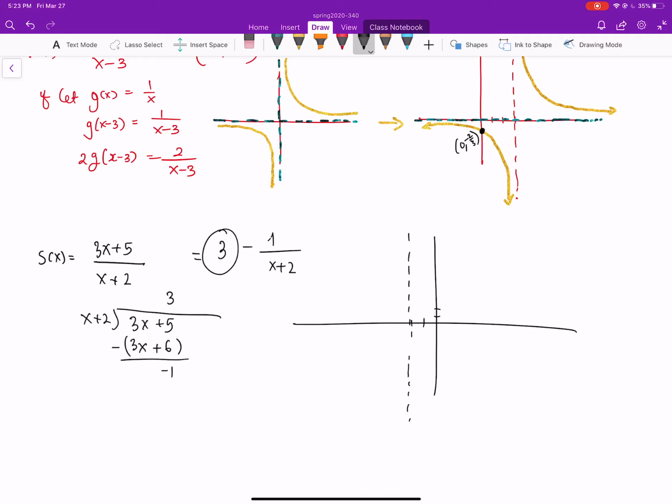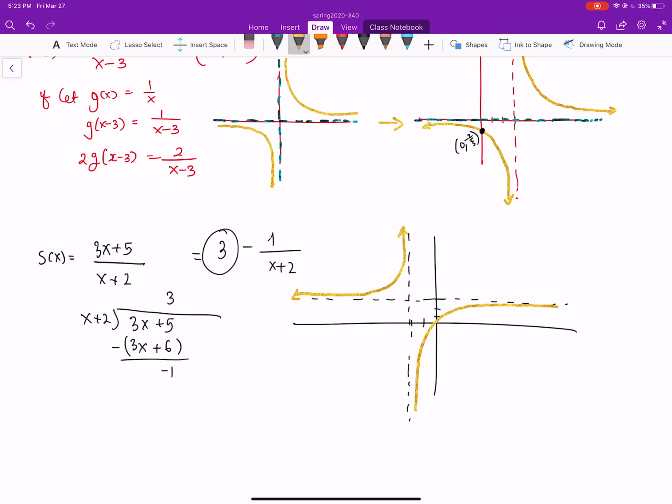So 1, 2, 3. And then I'm going to reflect. On a regular 1 over x, I have something in the first quadrant and something in the third quadrant. So when I reflect, I know that it's going to look like that and that.